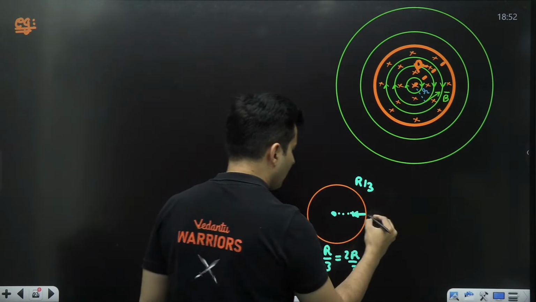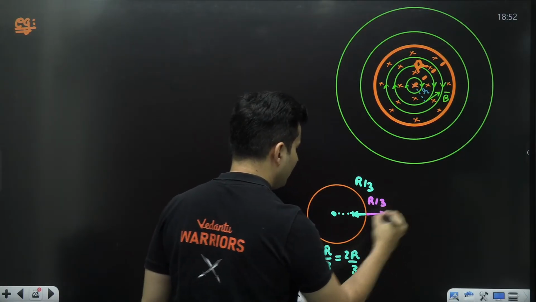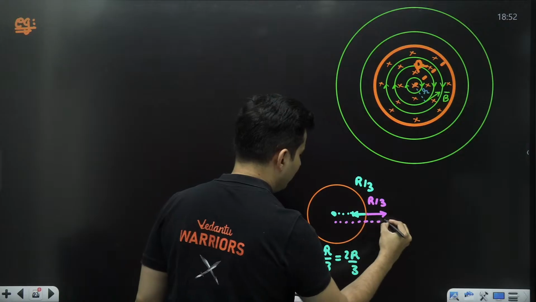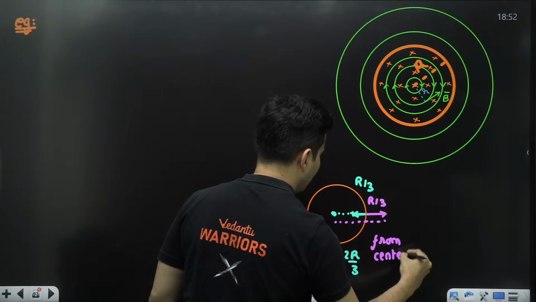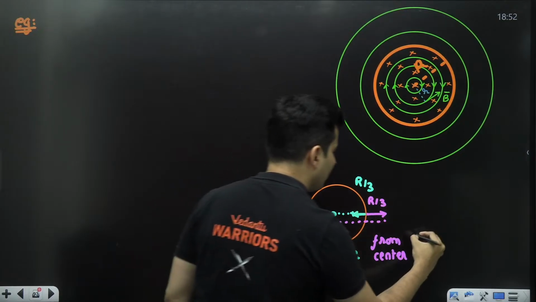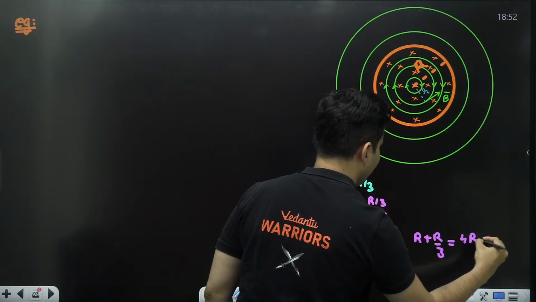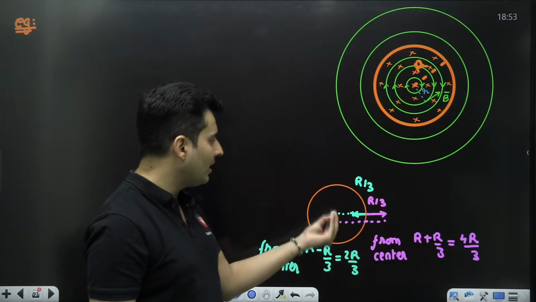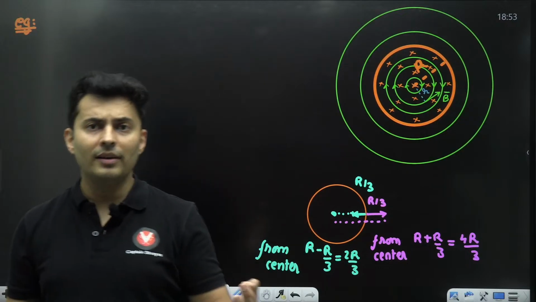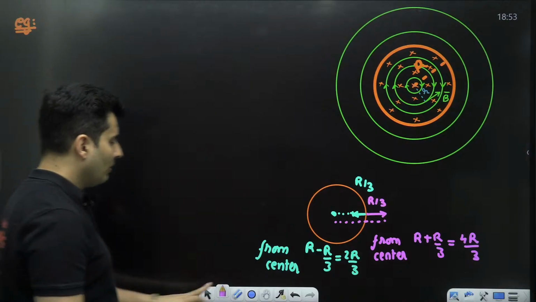Same way, when you are outside at a distance of R by 3, again from the center, your distance will be R plus R by 3, which is 4R by 3. I need these things, without which I can't find the field, because all the field formulas are measured from the center. Mind it.